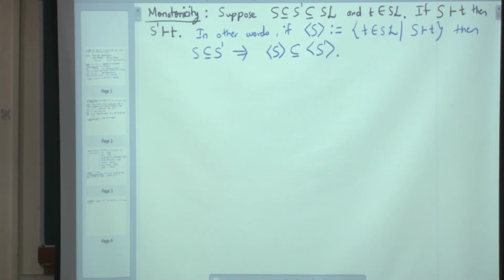This angular bracket is called the deductive closure of S.